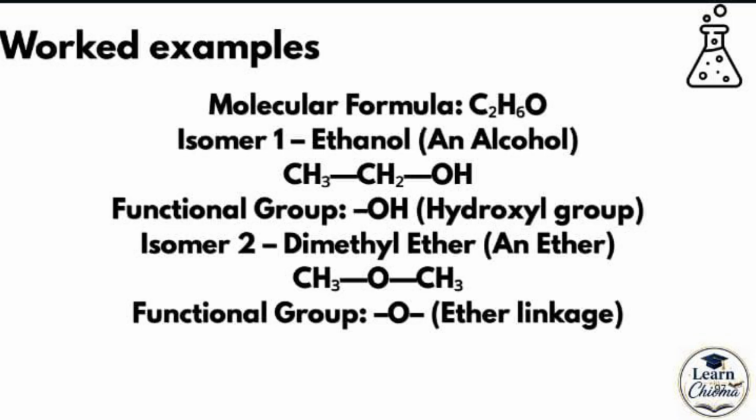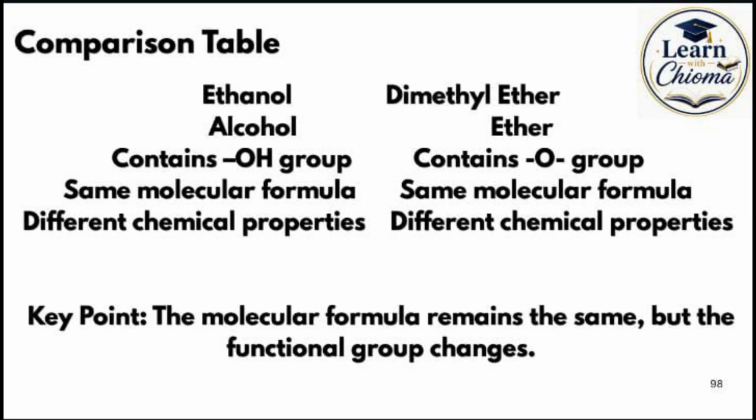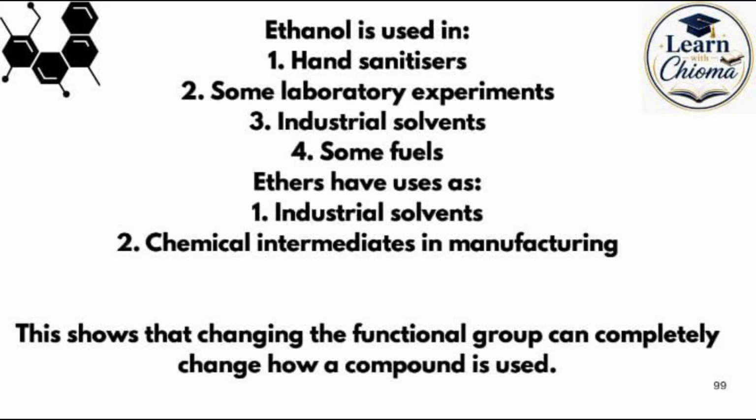Dimethyl ether contains an oxygen atom linking two carbon groups, making it an ether. Although they contain the same numbers of carbon, hydrogen, and oxygen atoms, they belong to different classes of compounds and therefore show different chemical properties. This is why identifying the functional group is very important in organic chemistry.